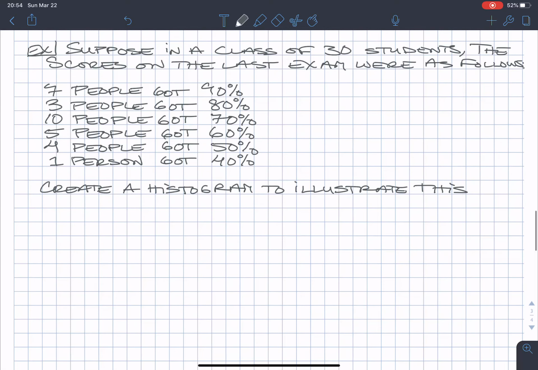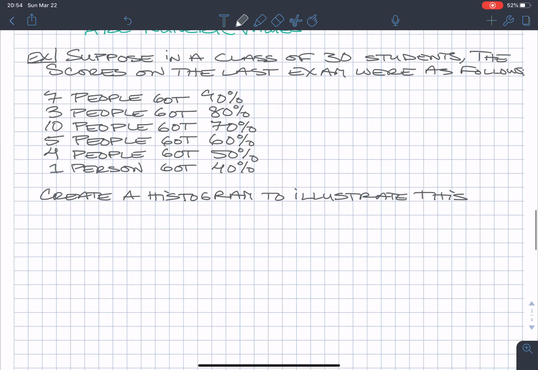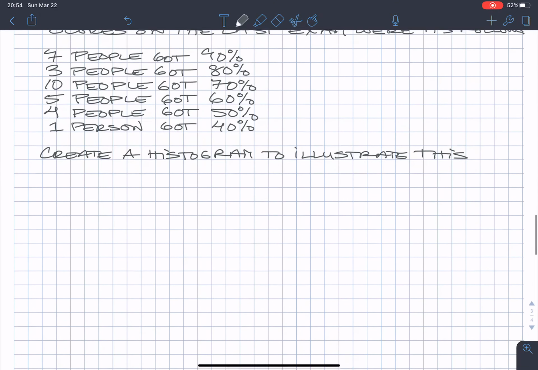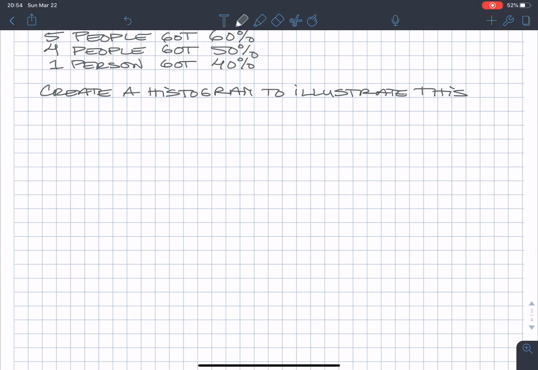Okay, so remember, the vertical axis is the frequency. The highest frequency was 10, right? So let's go 1, 2, 3, 4, 5, 6, 7, 8, 9, 10.